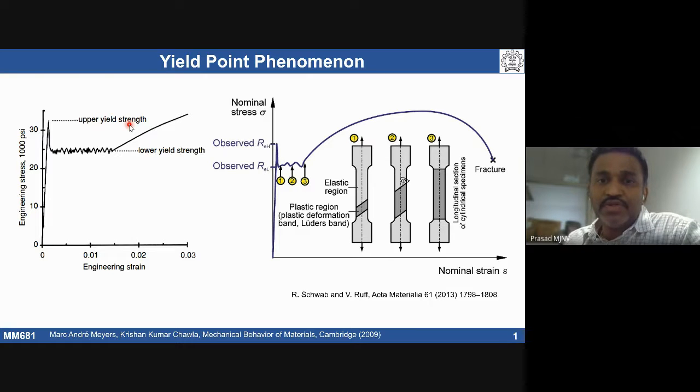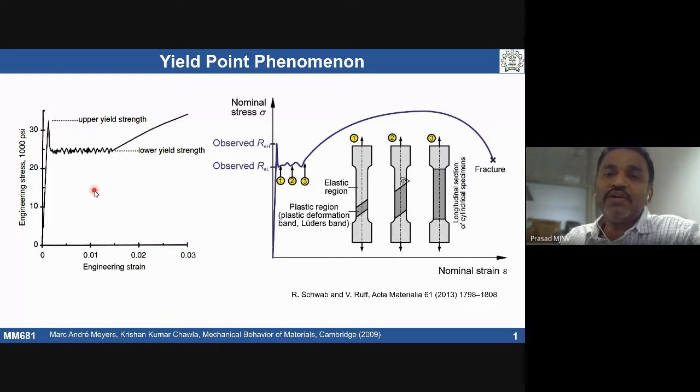This is related to interstitial solute atom interaction, especially in steels. We are talking about carbon and nitrogen, which are interstitial solute atoms. They can interact with dislocations and form an atmosphere that locks the dislocations, so the mobile dislocations are controlled.